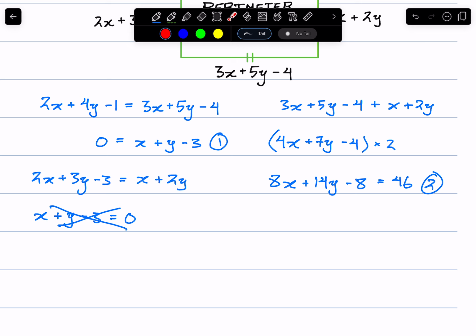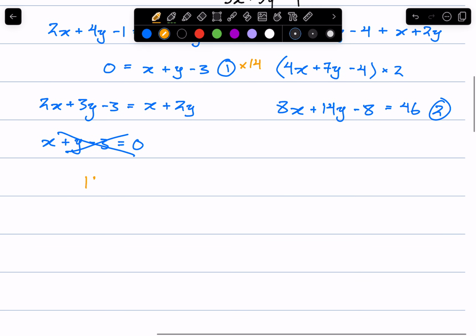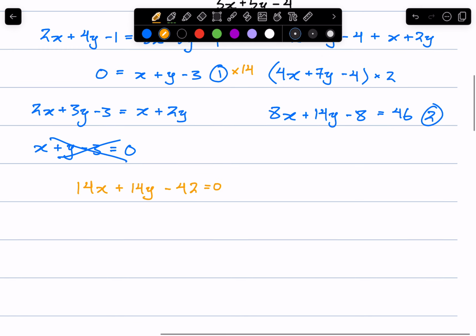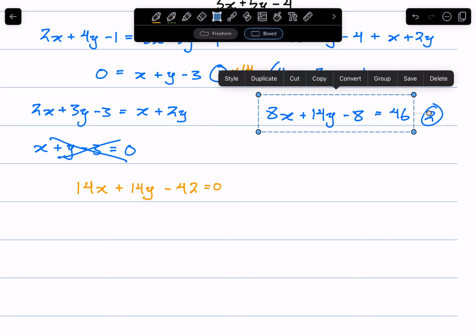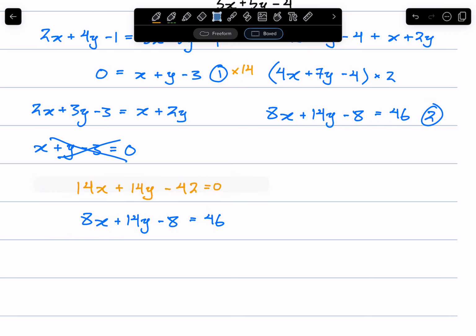Now it's up to you how you'd like to tackle this, but for me, I'm going to multiply by 14. I'd like to eliminate y again. So multiplying this by 14 to get 14x plus 14y minus 3 times 14 is negative 42 equals 0. And for the other equation, I can just leave this as it is. And now that we have this, we can subtract.